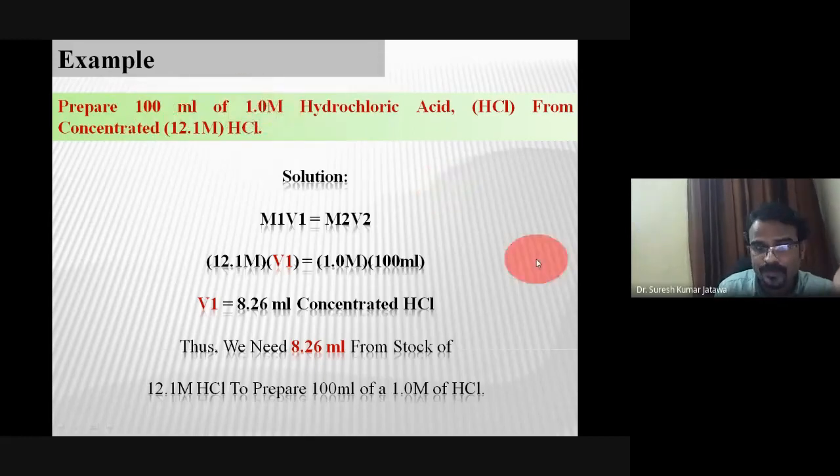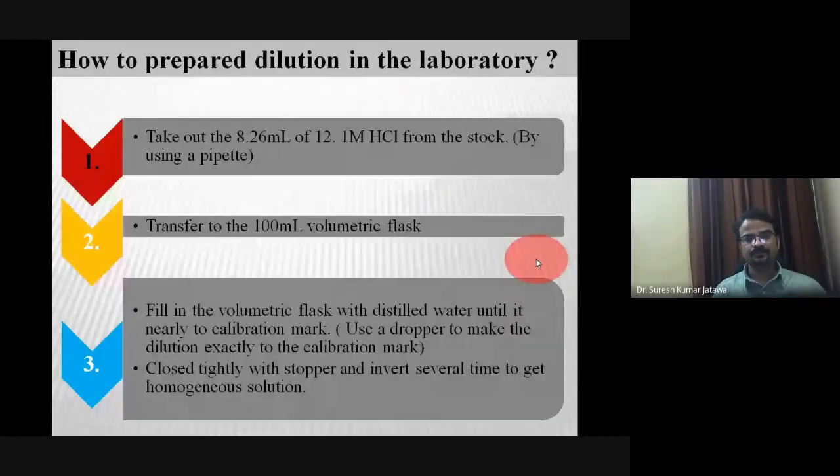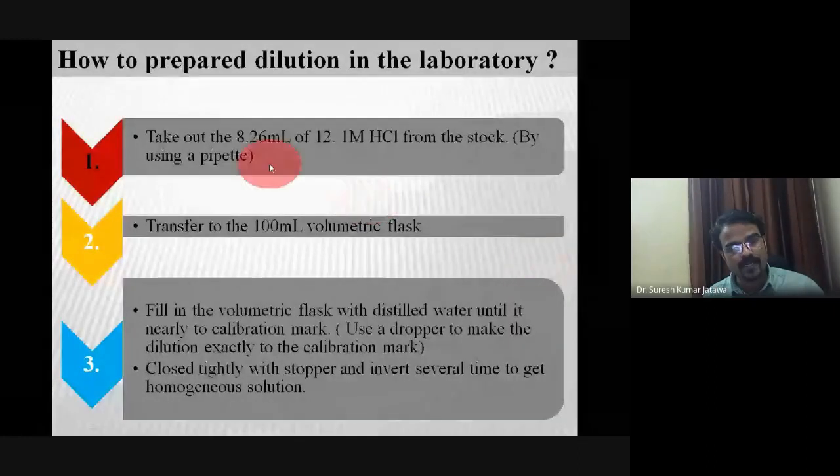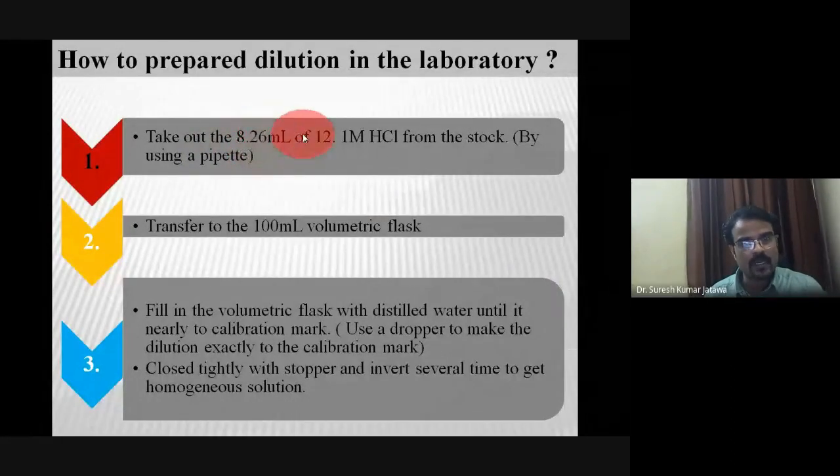So how will you prepare it? You take out 8.26 ml, which has already been calculated. You take 8.26 ml of 12.1 molar HCl from the stock with the help of a pipette and transfer it to a 100 ml volumetric flask. Fill the volumetric flask with distilled water until it is nearly at the calibration mark.